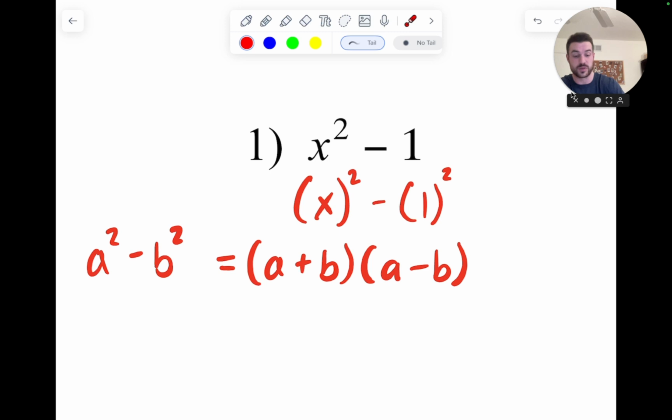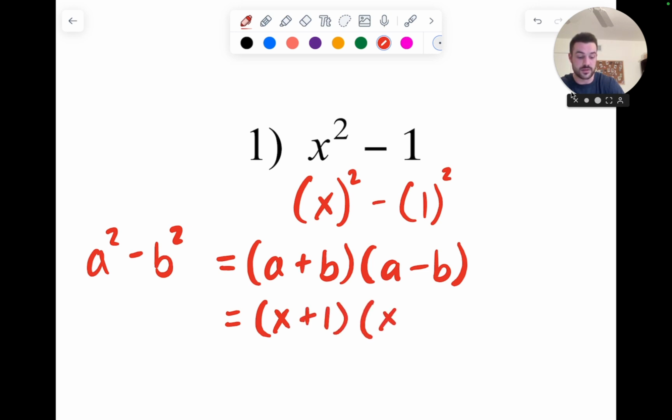In this case, x squared is our a value, and 1 is our b value. So we take the equation and plug in our a's, which are now x's, and our b's, which are now 1's. So we have x plus 1 times x minus 1. It doesn't matter which one comes first, the minus 1 or the plus 1, because when you're multiplying, those values can switch places and you'll end up with the same thing. It is the commutative property.